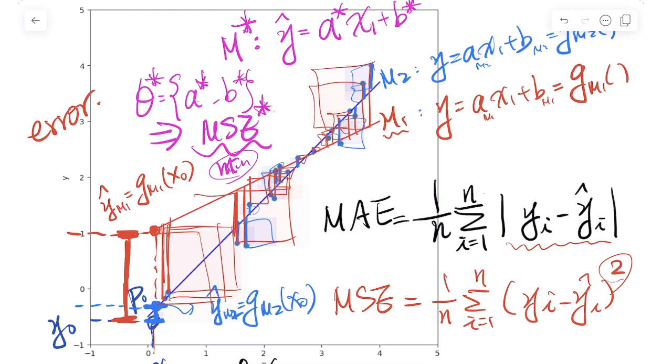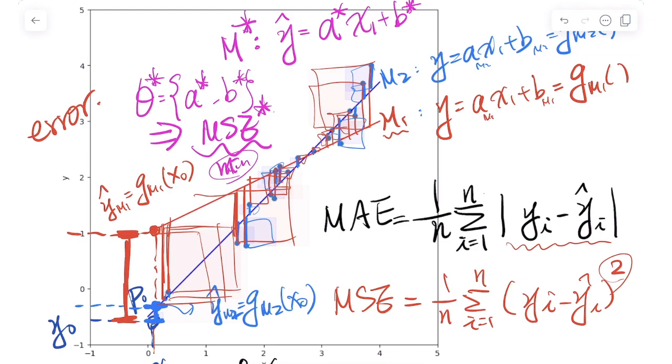As you can see, M1 and M2 each have an MSE value. But if you change the slope, which is A, and the intercept, which is B, you can tweak the line to have the minimum MSE, and no other line has a smaller MSE.